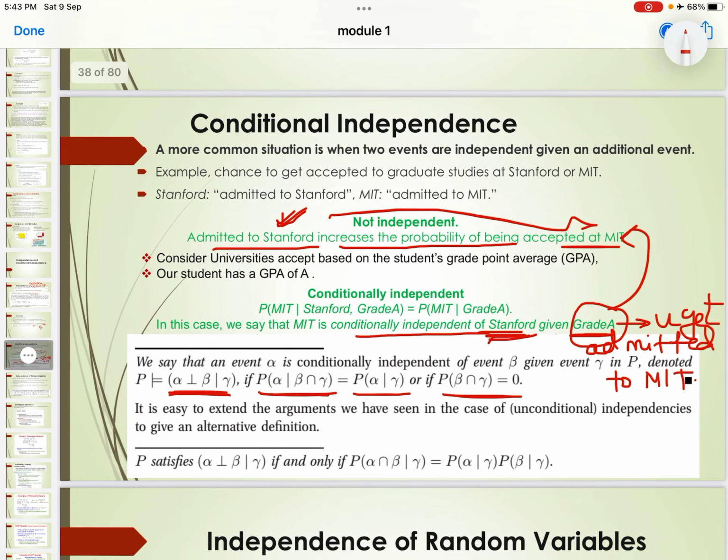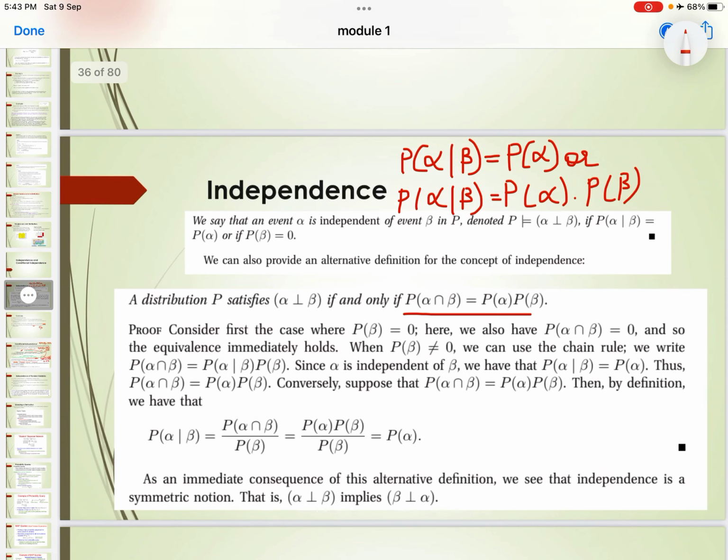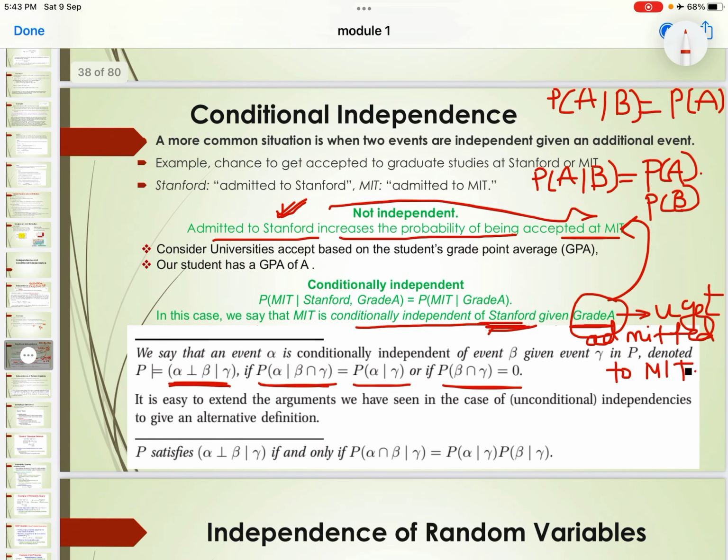So what we were saying in independent events is that P of A given B is equal to P of A. We said that this is the condition, or P of A intersection B is P of A times P of B. But what did we say? We said that beta is equal to 0. So here we are saying that the intersection of beta with gamma is 0.